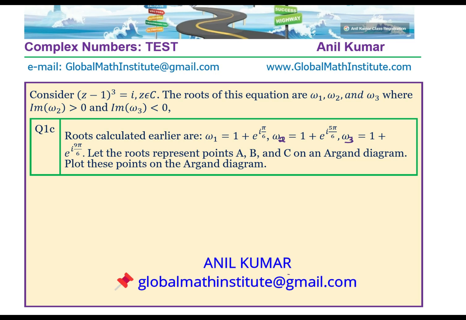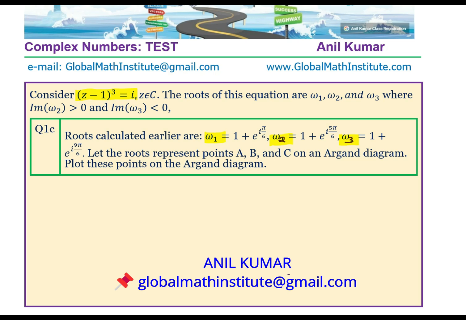In part 1 of this solution, we solved for the roots of this equation. We are working on complex number (z minus 1) whole cube equals i, and we found it has these three roots. Omega 1 is 1 plus e to the power of i pi by 6.